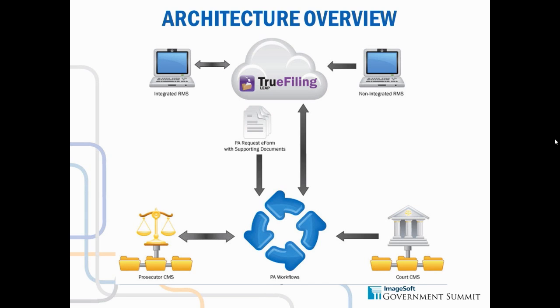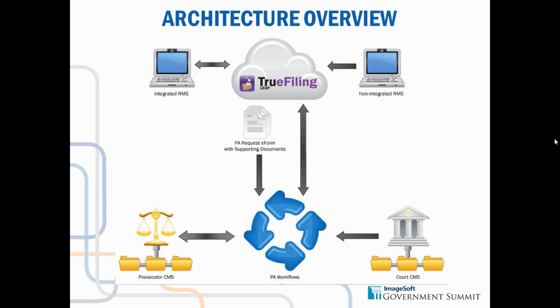It pushes data to and from the state case management system, ACT, JCT, as well as retrieves court docket events from the CMS. There's also document exchange here, notices, dispositions, things of that nature coming from the court case management system. So that's the basic architecture.